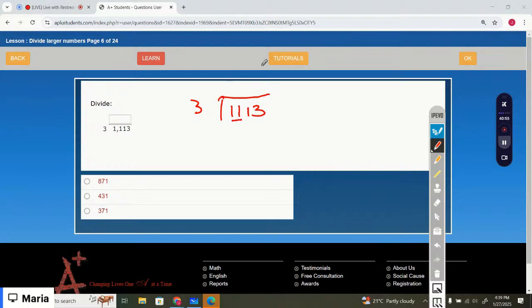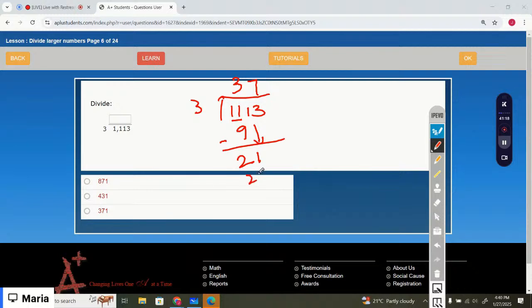So you need to count the table of 3 until 11. So we can go for 3 times 3 is 9. So 11 take away 9 is 2. Bring the next digit down. You have to count the table of 3 until 21. So 3 times what number is 21? 3 times 7 is 21.